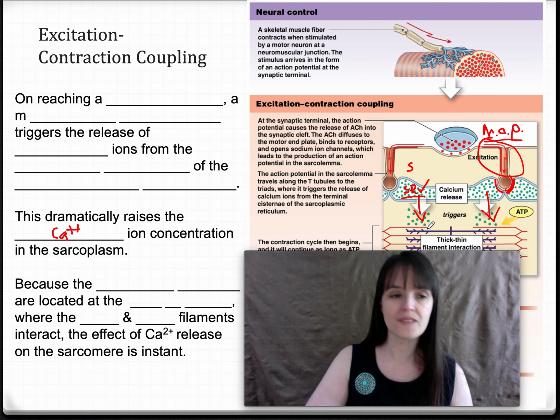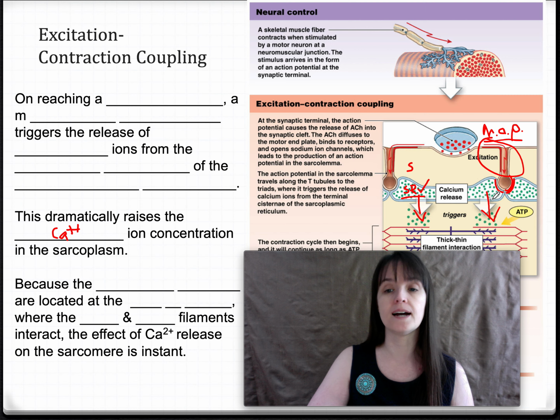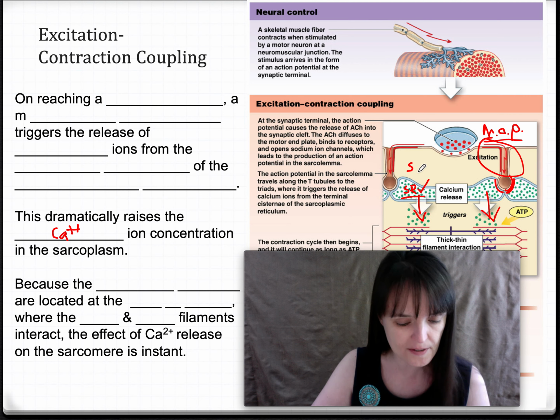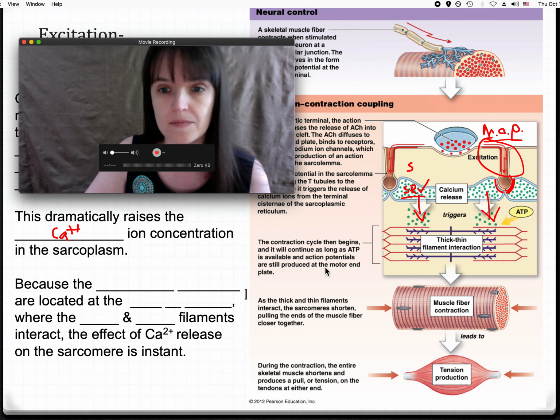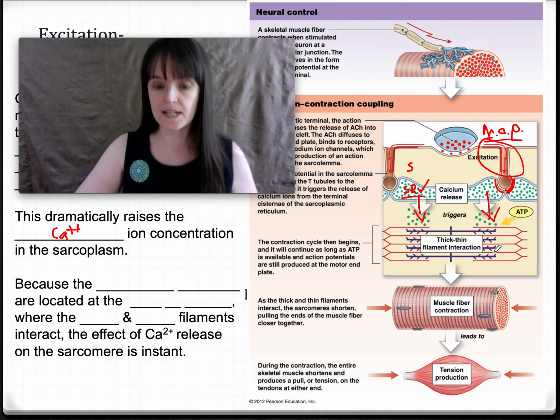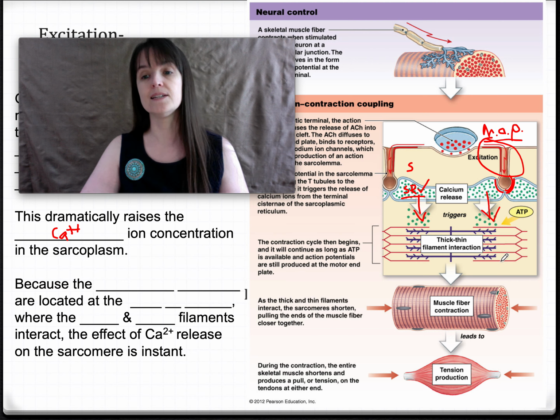Okay. So now we're releasing, because of the muscle action potential and the voltage-gated ion channels in the terminal cisternae, calcium into the sarcoplasm of the muscle cell. Because the terminal cisternae are located at the zones of overlap.